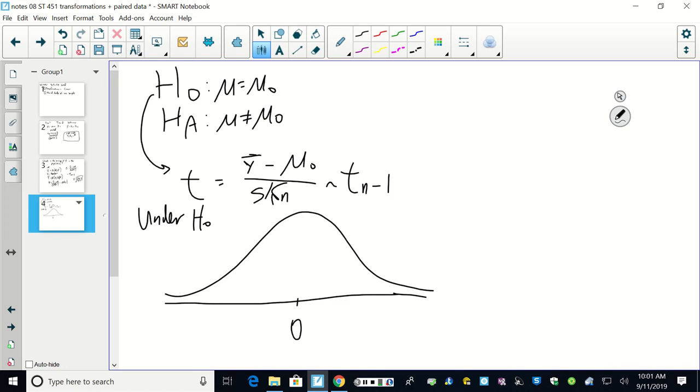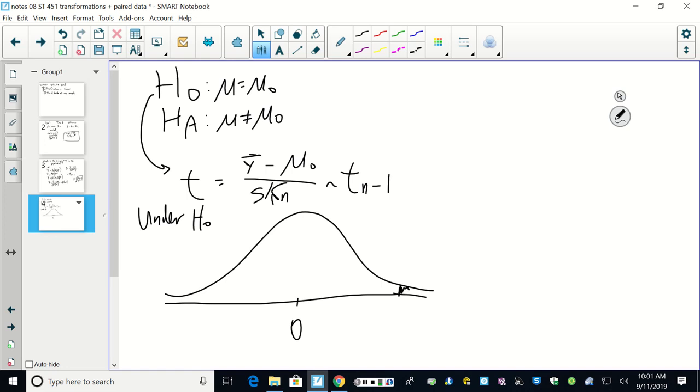And so if our actual statistic is far from 0, then something unusual has happened. We've either gotten an unusual sample and the null hypothesis is true, or maybe the null hypothesis isn't true, and it's not really centered at 0, but it's really someplace else. Right.